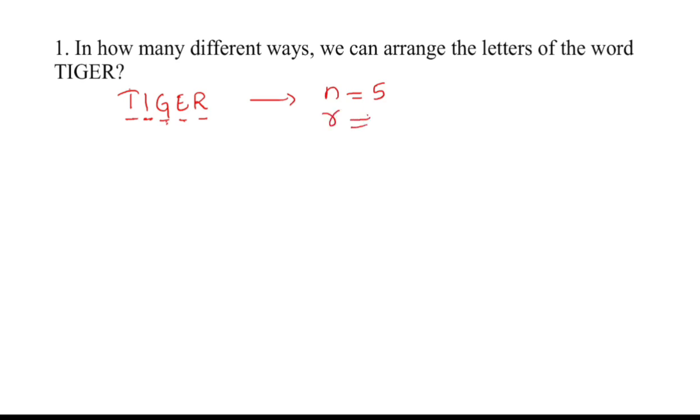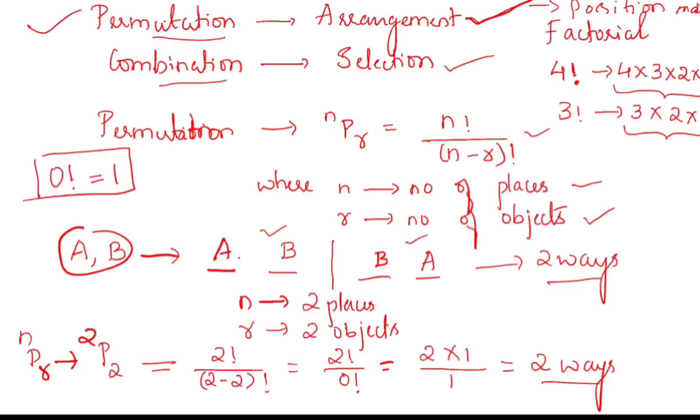T, I, G, E, R: 5. So objects are also 5. So nPr is 5P5, which is equal to 5 factorial. When n and r are equal, we can directly take it as n factorial. How we got that, we saw in the previous problem.